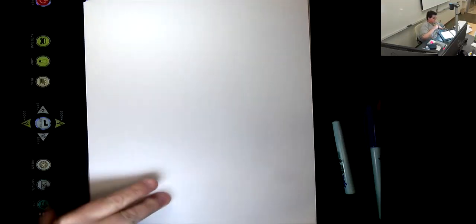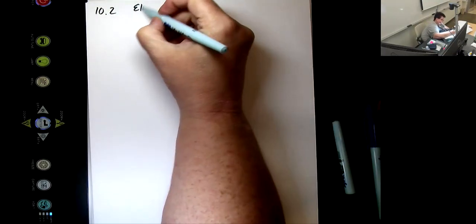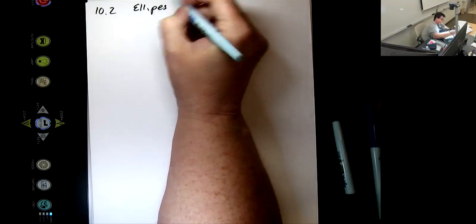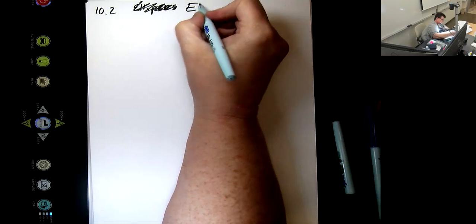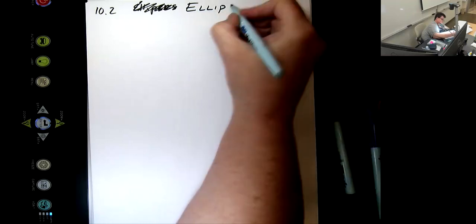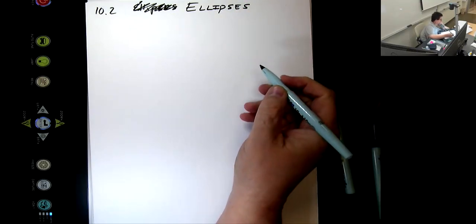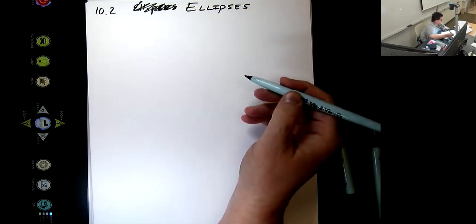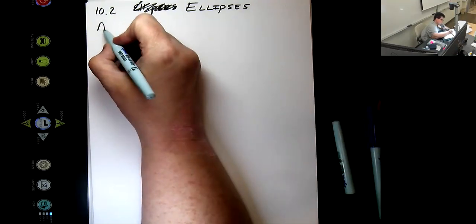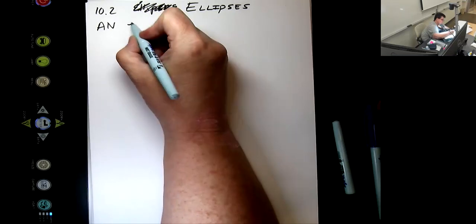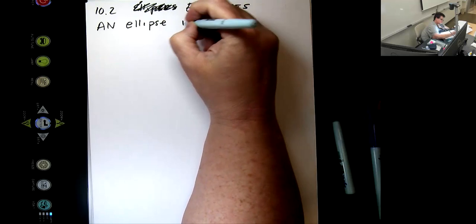10.2 is on ellipses. Let me spell that where it looks a little bit easier to read. Ellipses. An ellipse is the set of points in a plane.